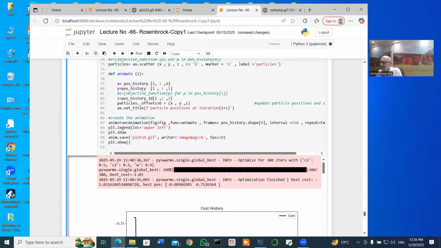So instead of having the initial values, now we will develop the situation for any particle beginning with I equal to 0 to I equal 300 for all particles for the X coordinate. Y history for all iterations from 0 up to 300 for all particles Y coordinate.